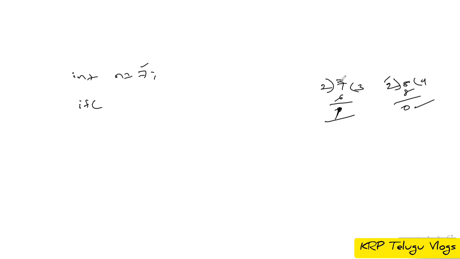So if I do modulus with 2 for the given number and you get 0, what is that? Even number. If you get 1, what is that? Odd number. So how can you write a code for this? Modulus of 2. If n modulus of 2 double equal to 0, then it is even. Else it is odd. Correct? Just write down the scenario. We will write the program for this one.